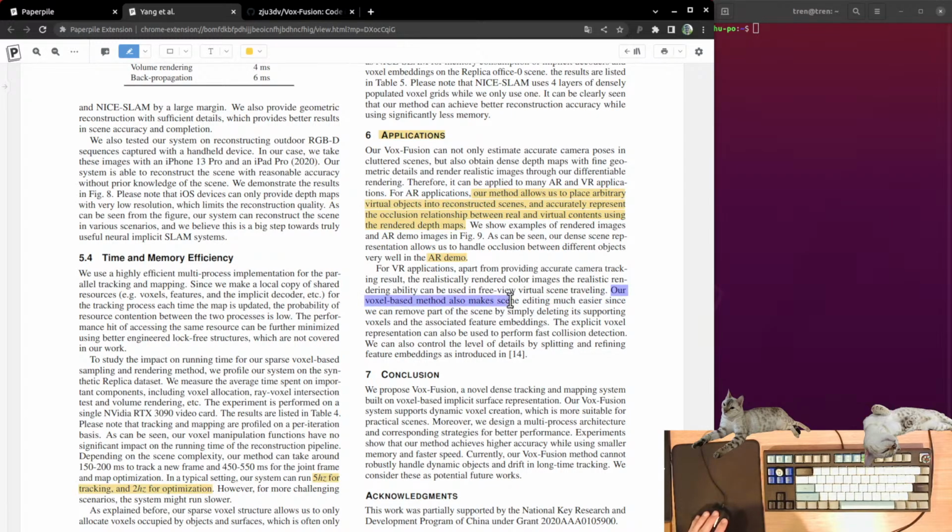Our voxel-based method also makes scene editing much easier, since we can remove part of the scene by simply deleting its supporting voxels and associated feature embeddings. Explicit fast collision detection. Yeah, I really want someone to do NeRFs, but for physics, right?